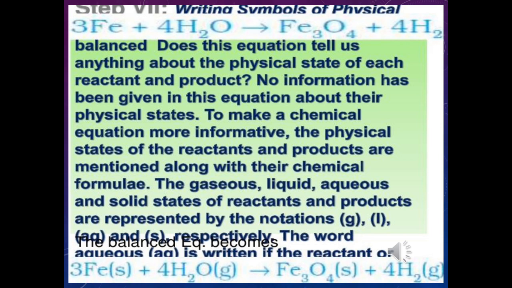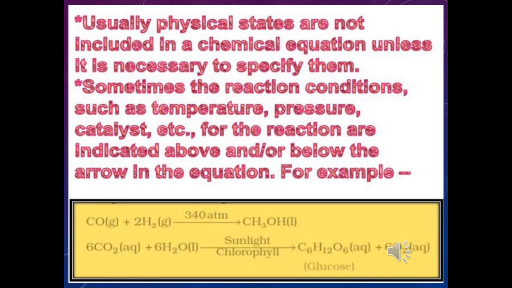The gaseous, liquid, aqueous and solid states are represented by the notations g, l, aq and s respectively. So this equation: 3Fe, that is solid, 4H2O, that is gaseous, Fe3O4, that is solid, and 4H2, that is gas.